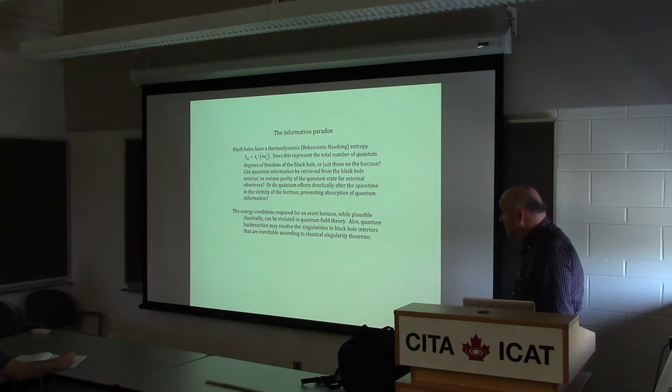So one has a von Neumann entropy, which represents the total number of entangled degrees of freedom associated with the black hole, and the question is, can that become larger than the Bekenstein-Hawking entropy or not? Now, it's often been assumed that it can't, and the Bekenstein-Hawking entropy really is the total number of degrees of freedom.